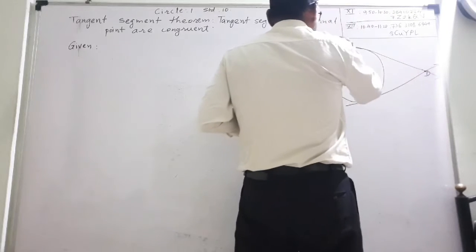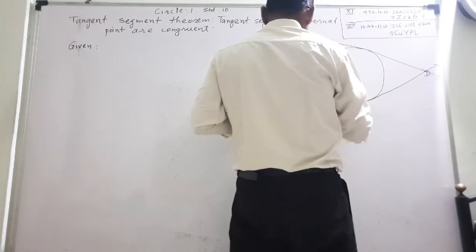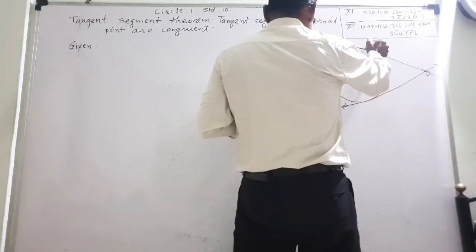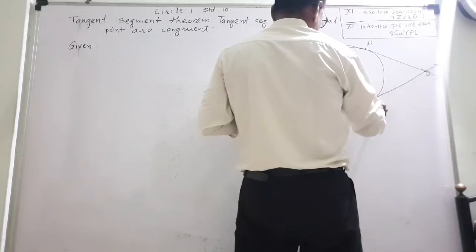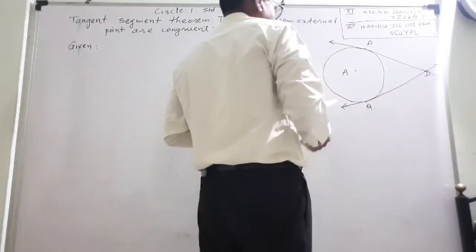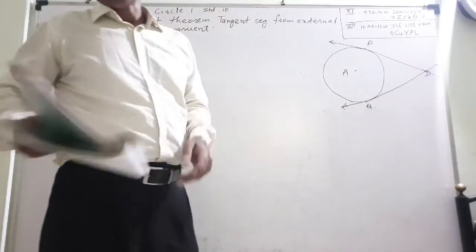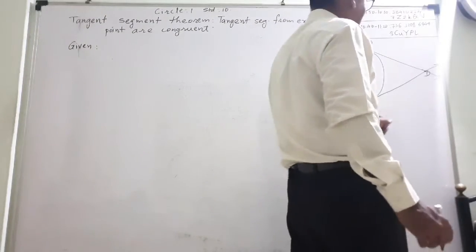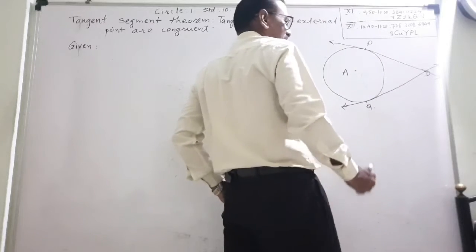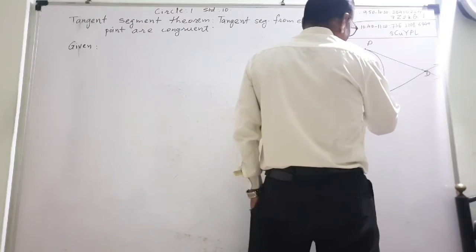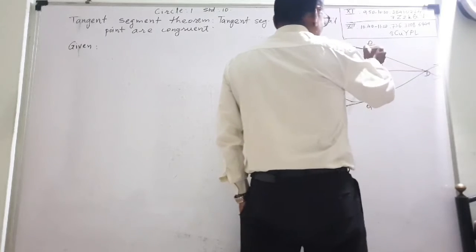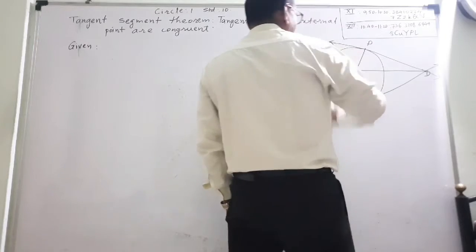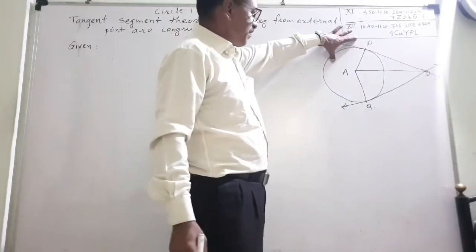These two tangents are cutting the circle in P and Q. These are the two tangent segments, PD and QD, and these two tangent segments are equal, that we have to prove. So I will join this, and this way join AP and AQ.